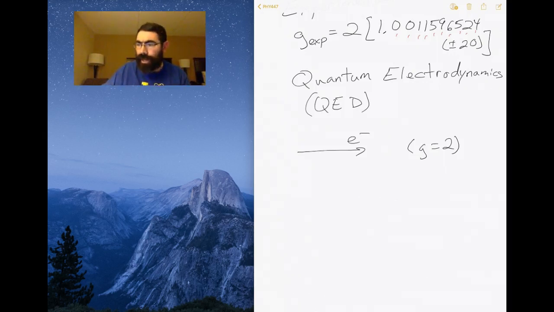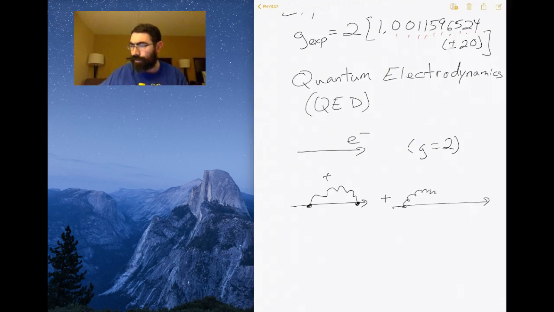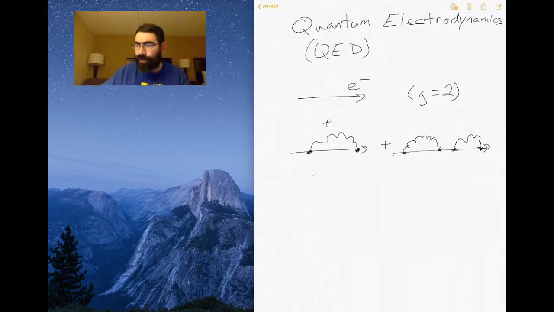But if you now add to this that when the electron is flying through space, a virtual photon is emitted and then reabsorbed, plus, as the electron flies through space, another virtual photon is emitted and absorbed, and then a second virtual photon gets emitted and absorbed, and you can do this for an infinite number of virtual photons, and you can add to this the case where you have a virtual photon emitted, which then produces an electron-positron bubble.